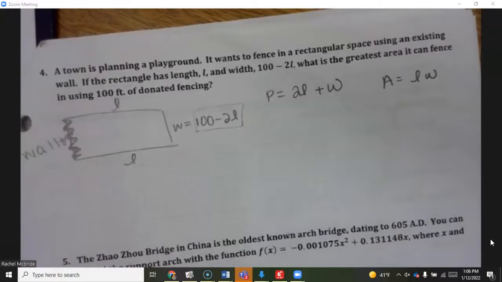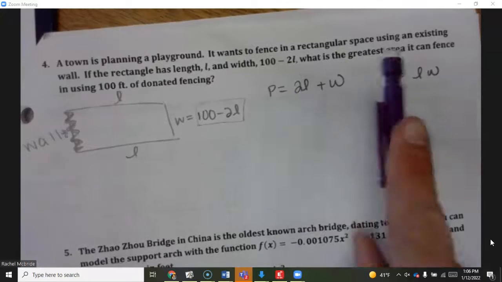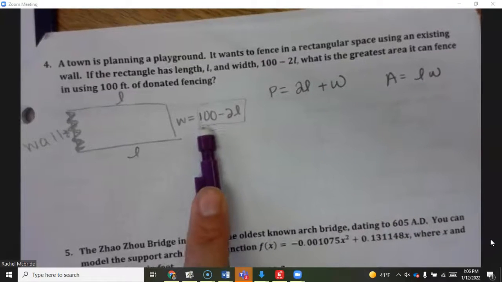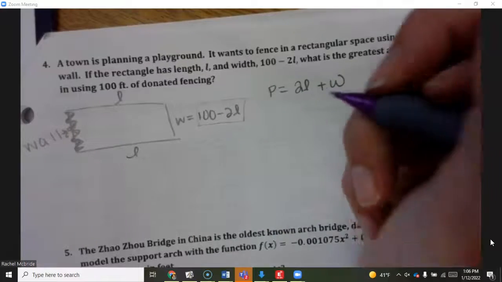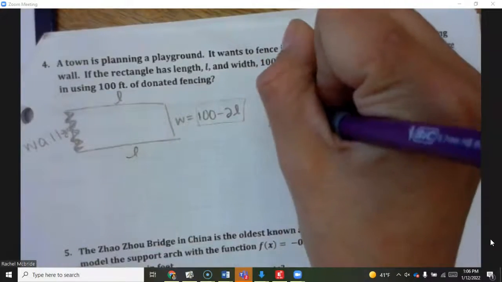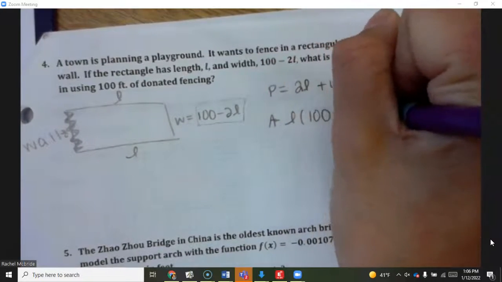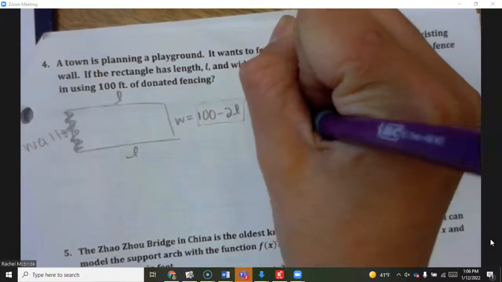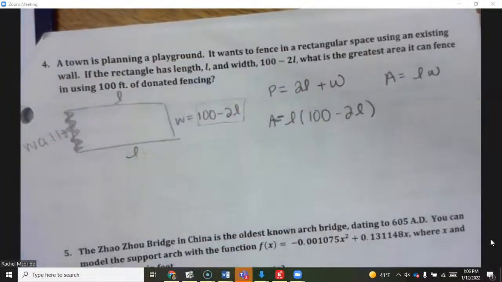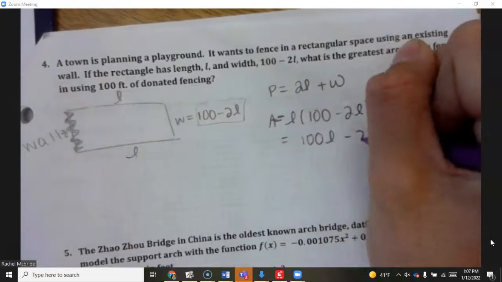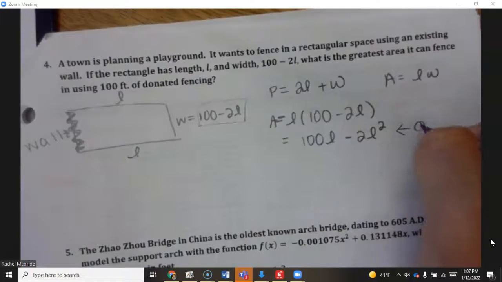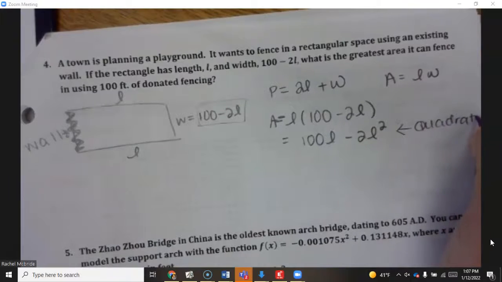So again, perimeter would be 2L plus W. But we already know that W is equal to 100 minus 2L. So to find the area, we're going to plug in 100 minus 2L for W. If you multiply that out, you get 100L minus 2L squared, making this a quadratic.